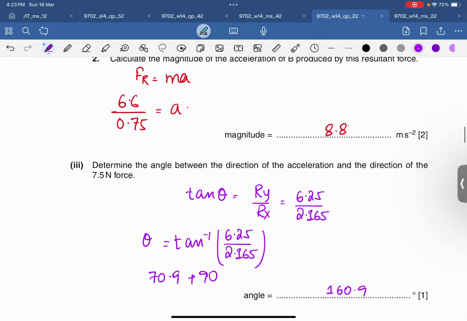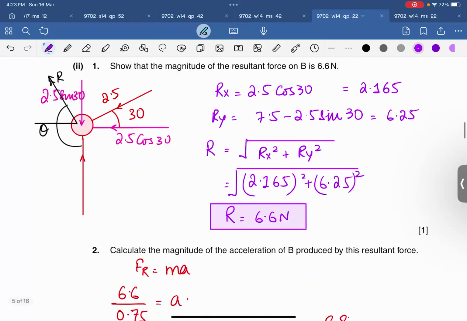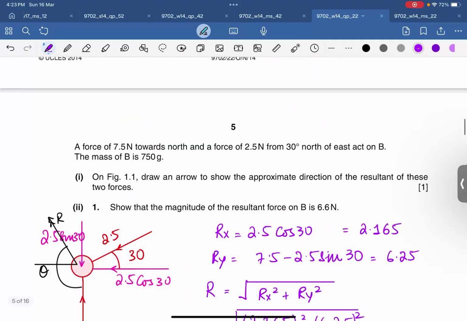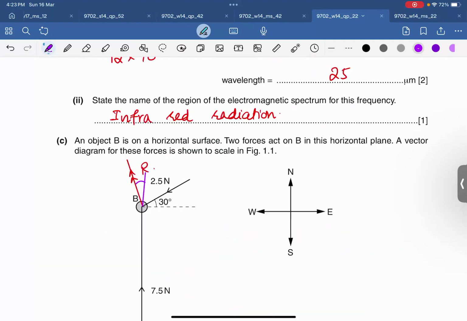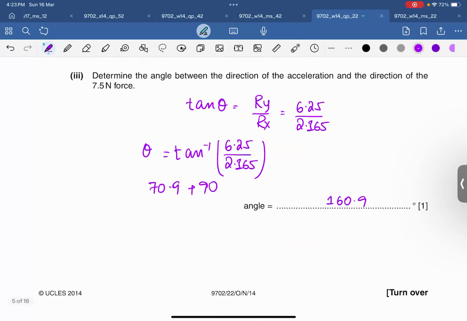Yeah, but we are supposed to take the clockwise direction, no? So we should have to consider this angle, not the other angle. So it should either be 160.9 or, if you subtract it, 90 minus 70.9, that would be 19.1.